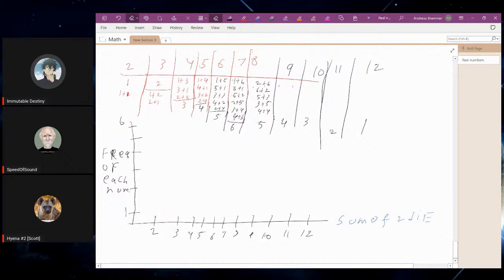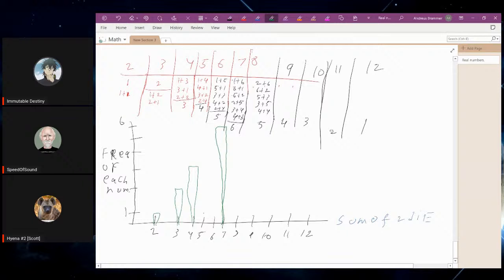So what you would actually notice is that what we said earlier about 7 being the highest. 7 is in fact the highest number. There are 6 ways to represent it. For 2, there's only 1 way. For 3, there's only 2 ways. For 4, there's only 3 ways.